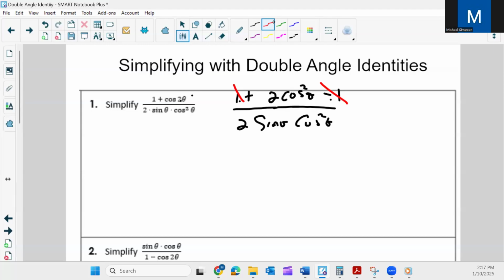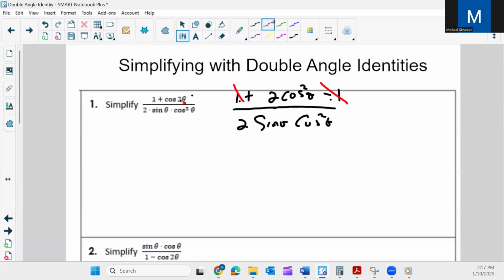Look at the identity on the paper. What is cosine 2 theta equal to? The third one. I just replace it with that, and the minus 1 allows me to cancel the 1 here.